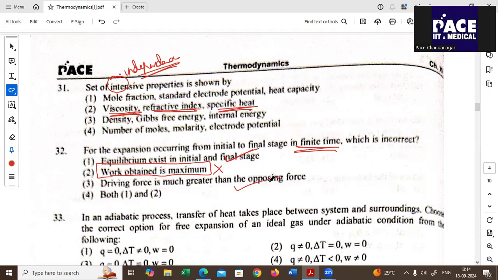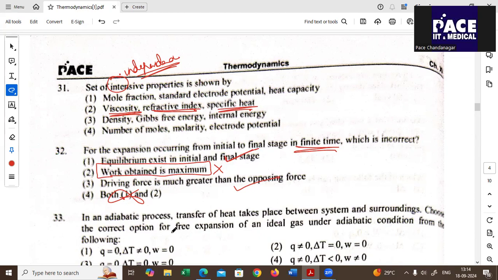Driving force is much greater than the opposing force. Yes, only then can the reaction proceed. So 2 is the only thing which is wrong here. And in an adiabatic process, transfer of heat takes place between system and surroundings.